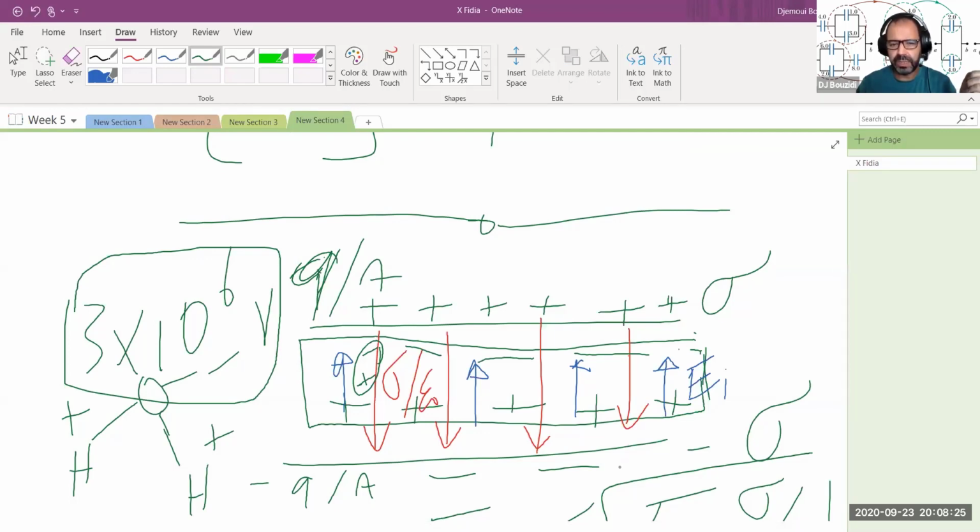And again, it's listed in the tables. Let me pull up chapter 21 from the 15th edition.